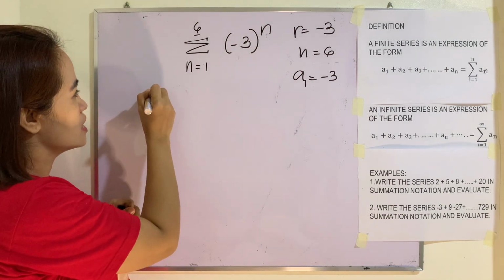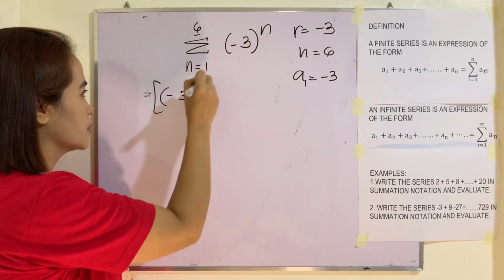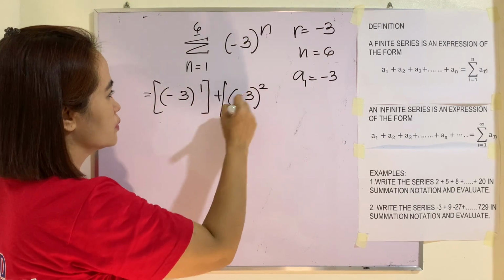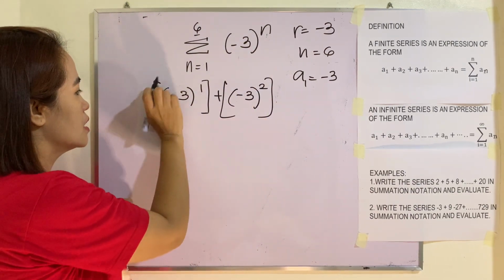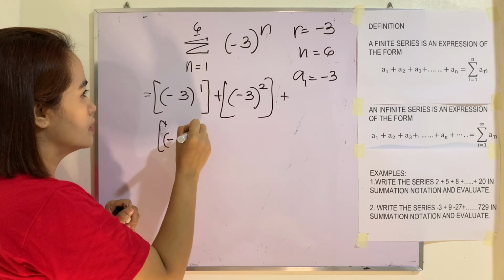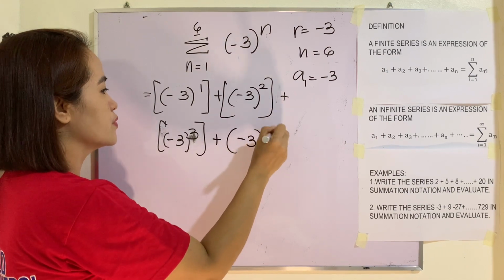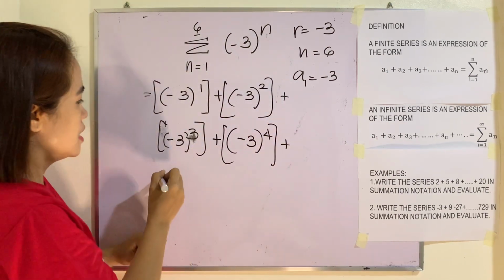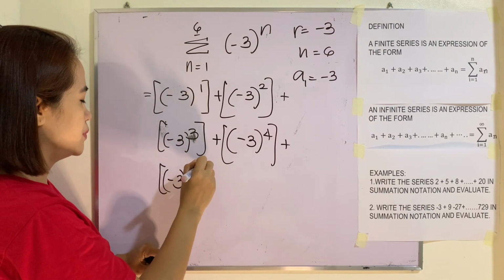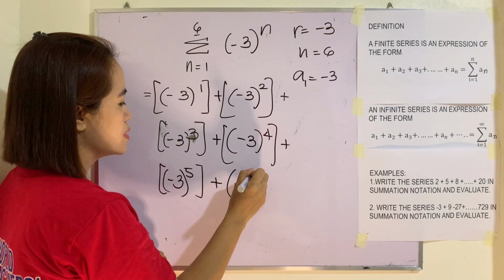So this one is equivalent to negative 3 raised to 1, plus negative 3 raised to 2, plus negative 3 raised to 3, plus negative 3 raised to 4, plus negative 3 raised to 5, plus negative 3 raised to 6.